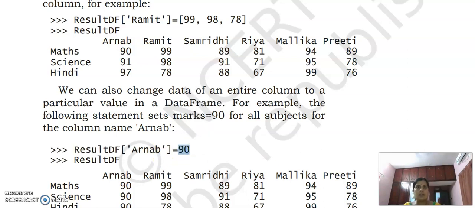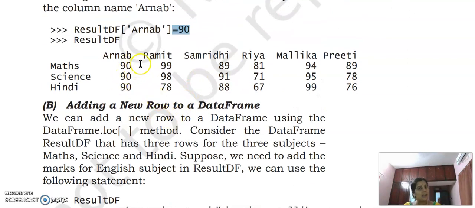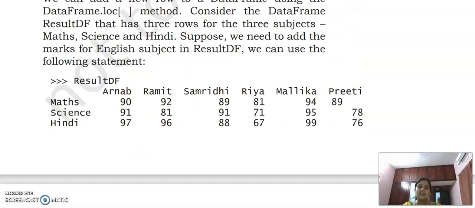Only a single value is passed, which means all the rows are substituted. In the column of Arnab, all rows are replaced by 90, so 90, 91, 97 are replaced by 90, 90 and 90.